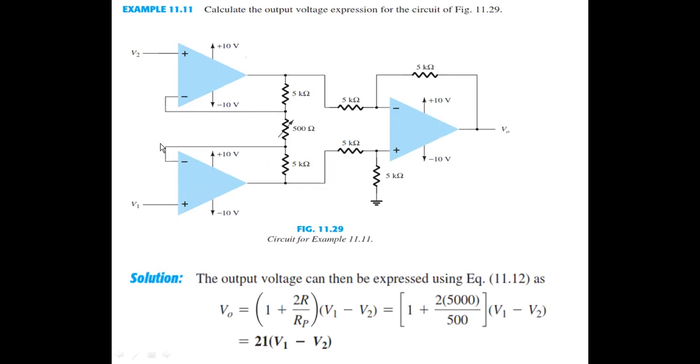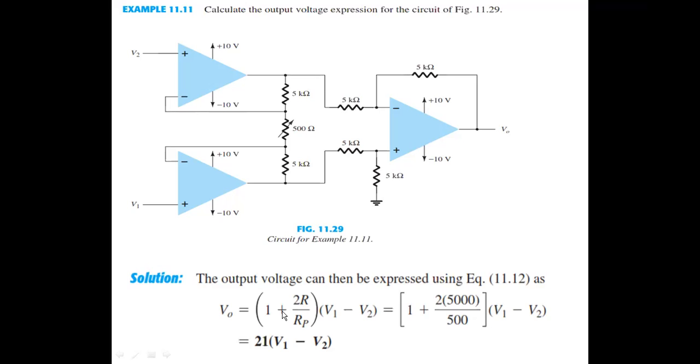So इसमें inputs generic हैं V1 and V2, so you are given with the component values. So you can see all these resistors are of fixed values 5K, and potentiometer is 500 ohms. So if the potentiometer is set at 500 ohms, how much output I will get? I can use this relationship.